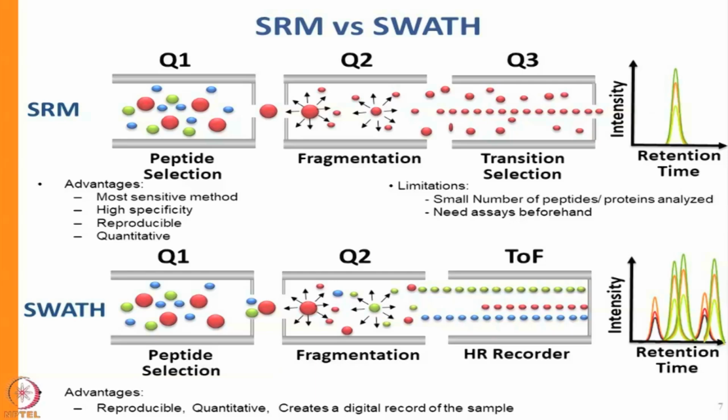In contrast with SWATH, again, you have all these things eluting. Everything else is the same. You fragment multiple species at a time, actually many more than are depicted here, and then you read out all of the fragments and you get a very convoluted, complicated spectrum at the end.